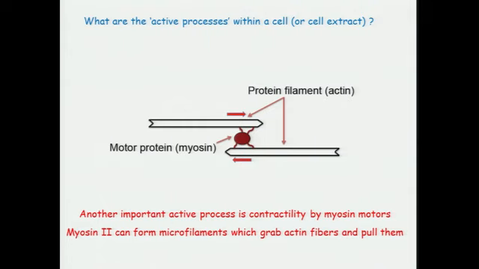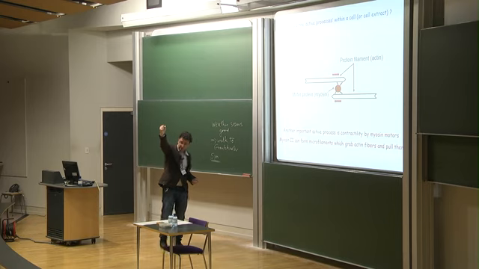On top of polymerization, you have another important active process in the cell, which is myosin contractility, sketched here. If there are two actin fibers, then a myosin filament can form. Several myosin motors will attach to both ends and contract the network.